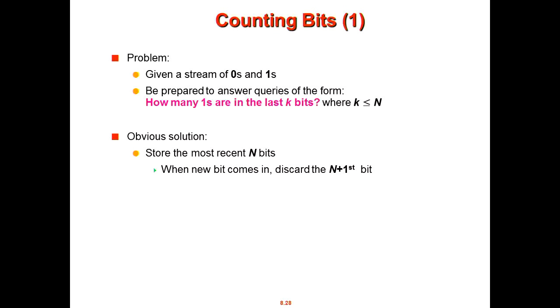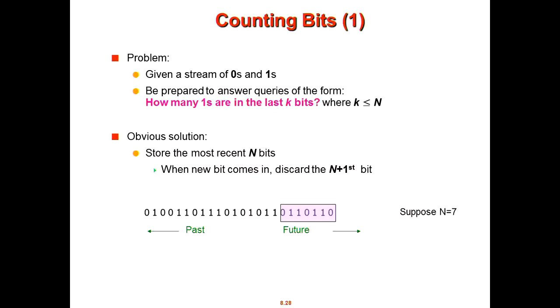As in the Amazon example, each bit represents whether this product has been sold within the nth transaction. The simple solution is that you store all the most recent n bits, and when a new bit comes, you just discard the n plus 1 bit and store the newly arrived bit.